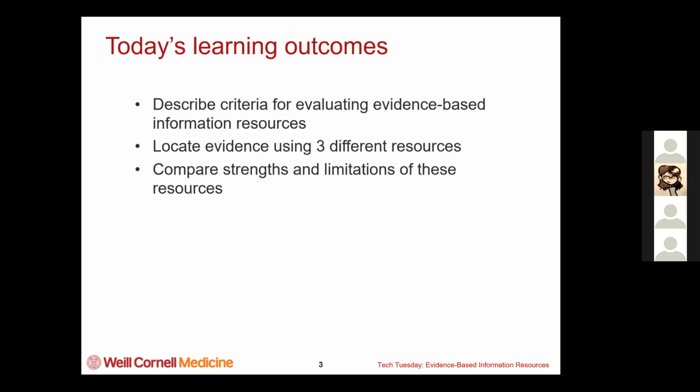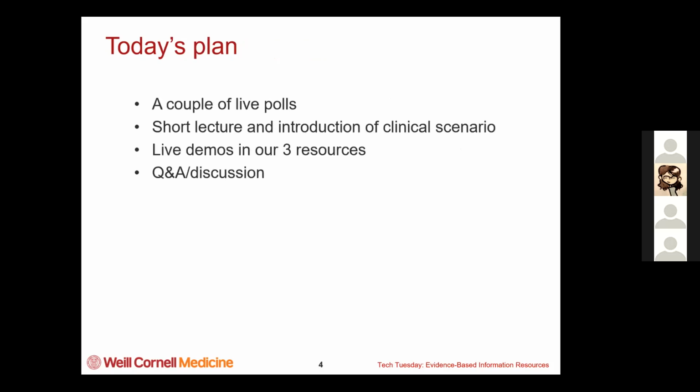So today we are first going to describe some criteria for evaluating evidence-based information resources. We'll locate evidence using 3 different resources, and we'll compare the strengths and limitations of these resources. We're going to start out with a couple of live polls, followed by a brief refresher on evidence-based practice.